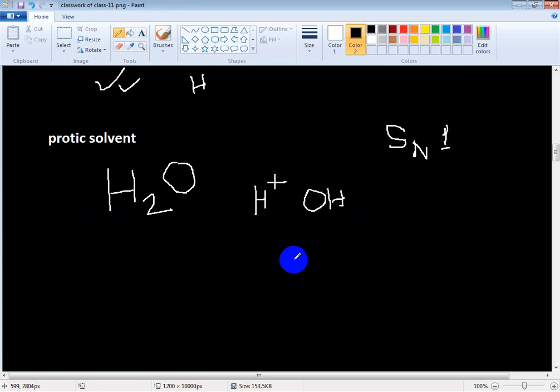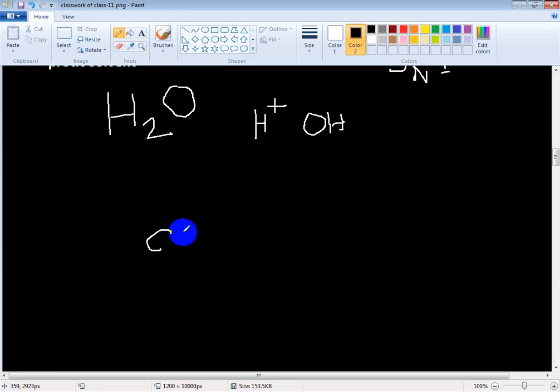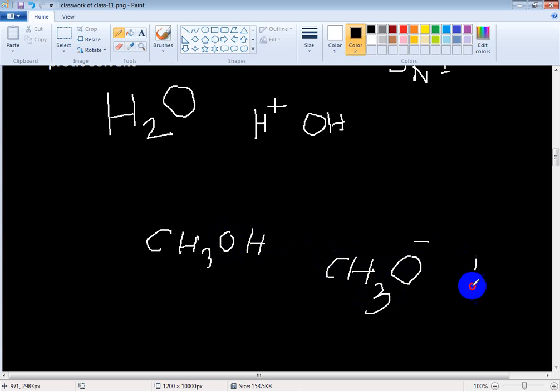Like this ethanol, a protic solvent. Which one is the positive side? It has CH3 and H plus. It also contains a proton. Okay, so methanol is a protic solvent.